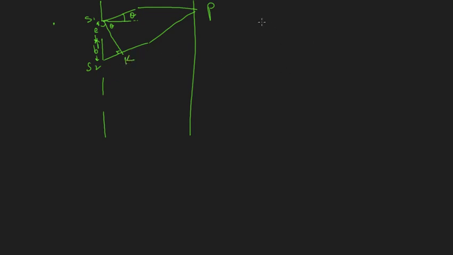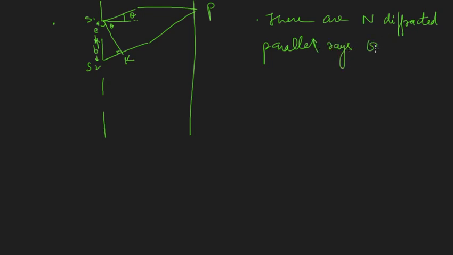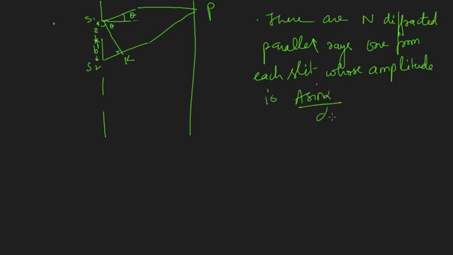Now there are n diffracted parallel rays, one from each slit, whose amplitude is A sine alpha by alpha.